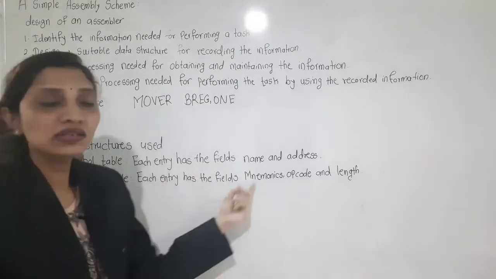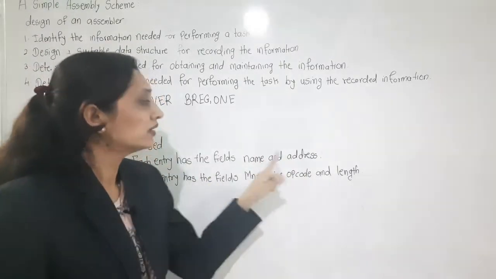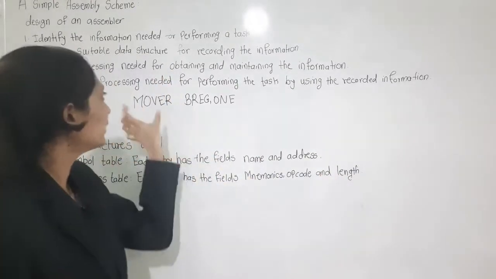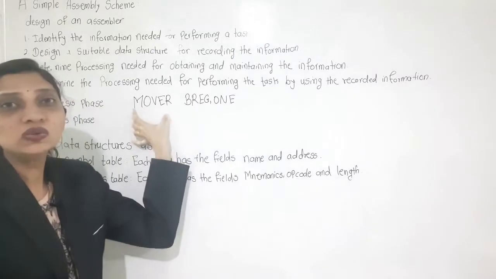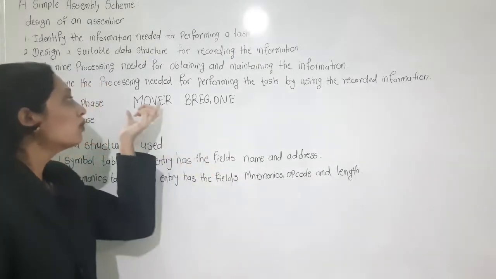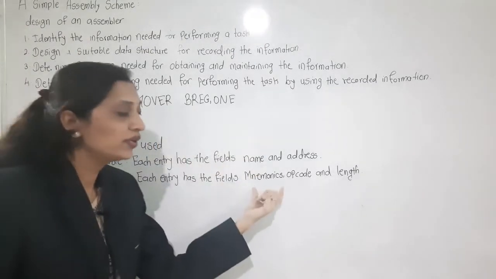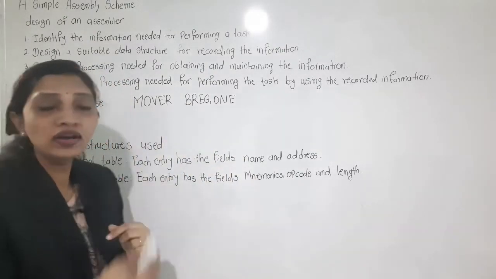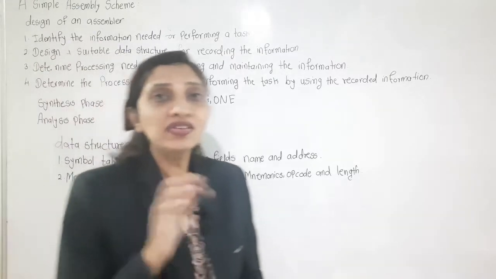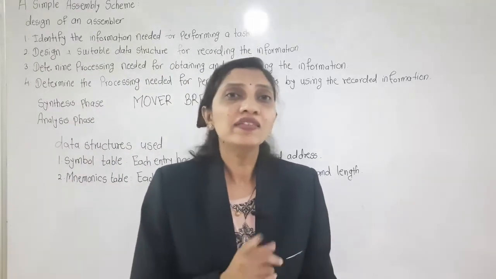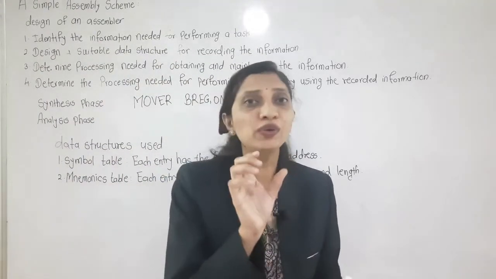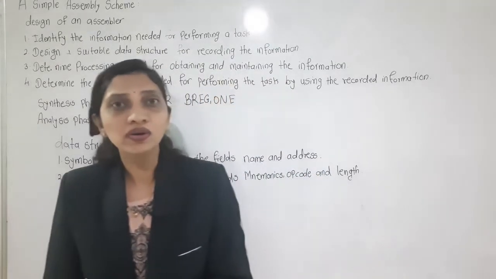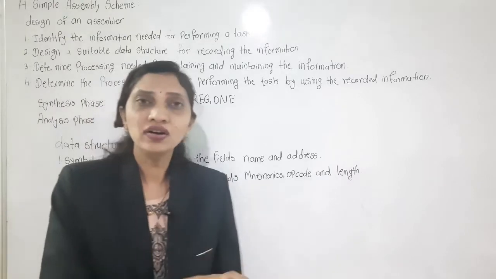So the mnemonic table contains three fields: mnemonic, then opcode and after that length. If you are considering MOVER, it's a mnemonic. So the MOVER entry is made in the mnemonic field, and after that the corresponding opcode of this mnemonic, that we learned in our last lecture. Some particular opcode is assigned for a mnemonic.